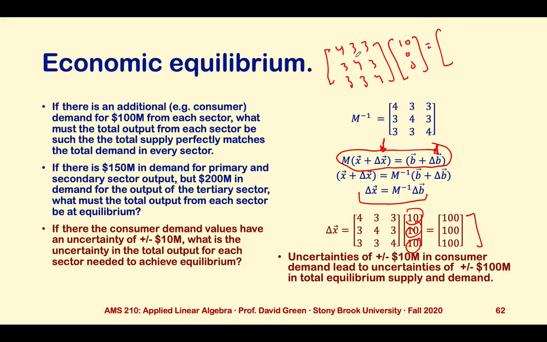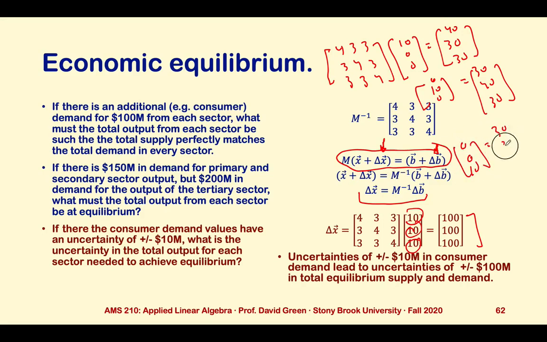What does this give us? 40 plus 0 plus 0. 30 plus 0 plus 0, and 30 plus 0 plus 0. And if we also did this for the 0, 10, 0 case, we would get 30, 40, 30. And for the 0, 0, 10 case, we would get 30, 30, 40.